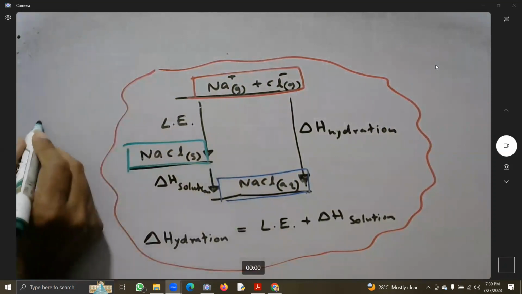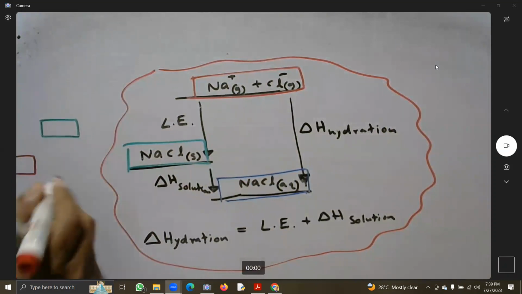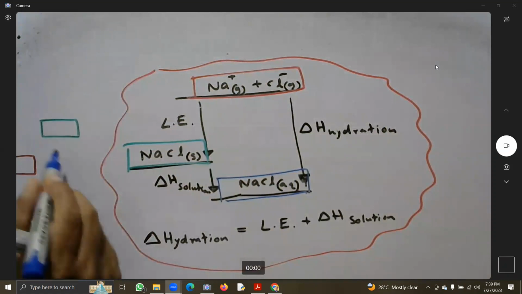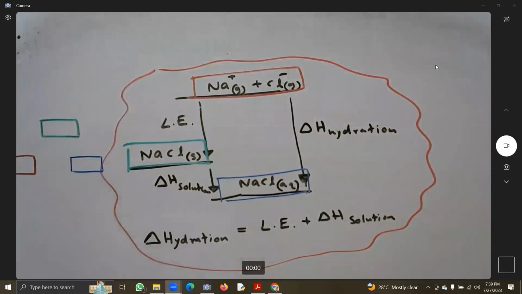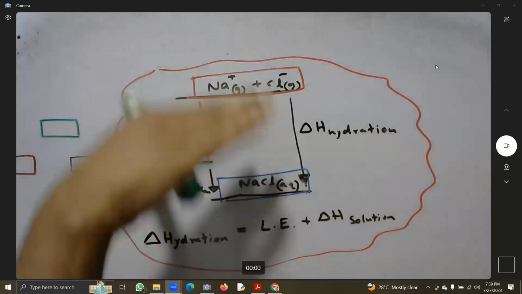For example, if I put the green color box here, red color box here, and the blue color box here, I can connect them. It does not have to have layers. Now, this is like the enthalpy level diagram.